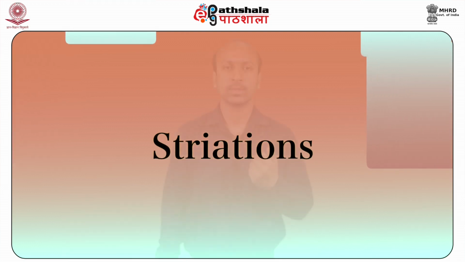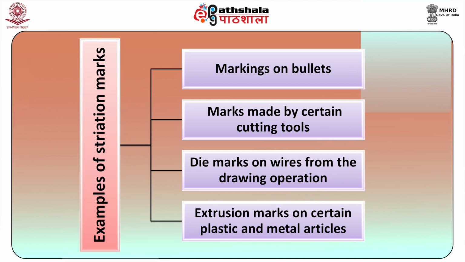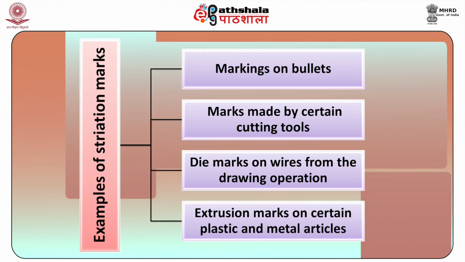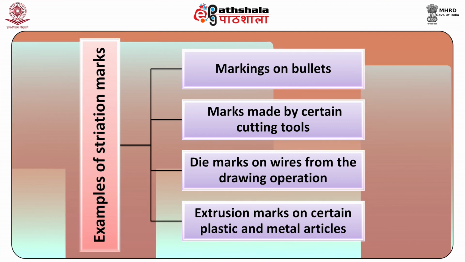Now, striations. Striations, another type of tool marks, are produced when two surfaces come into sliding contact with each other. The marks resulting from a dynamic process are striations, in contrast to the static process, which results in the production of imprints and indentations. Striation marks consist of numerous lines separated by grooves, randomly spaced parallel streaks of varying length and width.